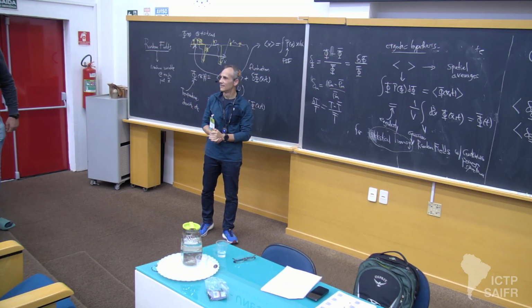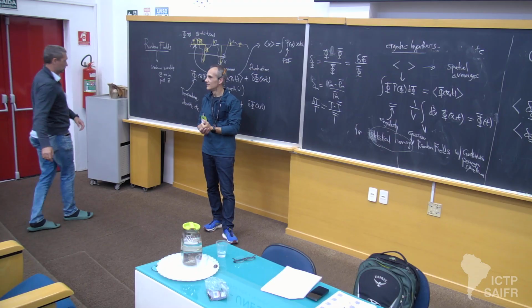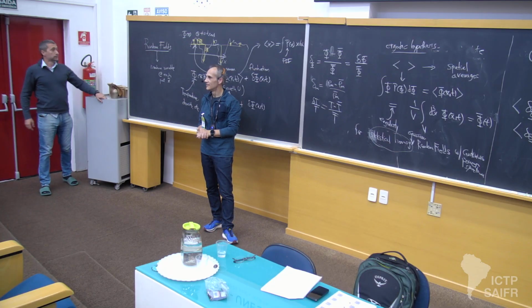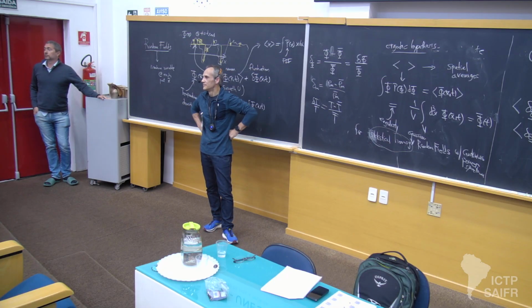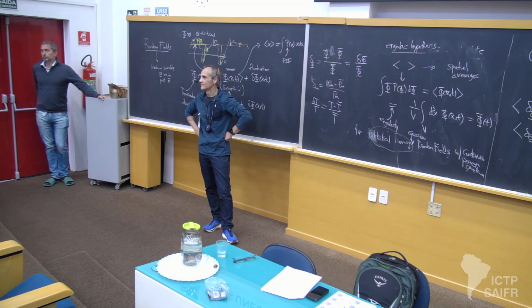Yes. Hi, so first, thanks for the lecture. You were saying that the ergodic hypothesis is true if your random field is statistically homogeneous, is Gaussian, and has a continuous power spectrum.